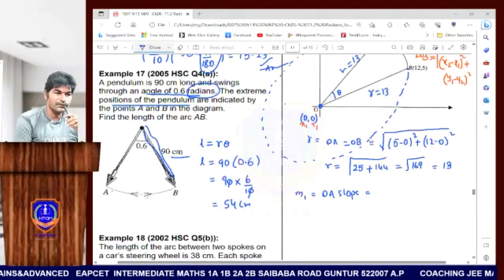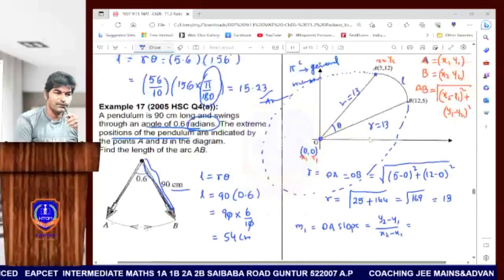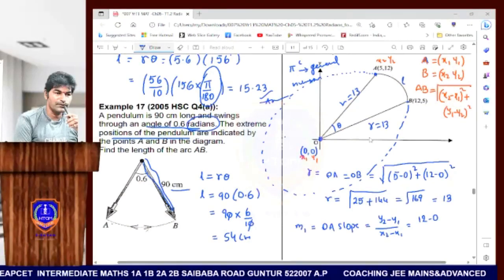The formula for slope is y2 minus y1 by x2 minus x1. So 12 minus 0 divided by 5 minus 0, which is 12 by 5.